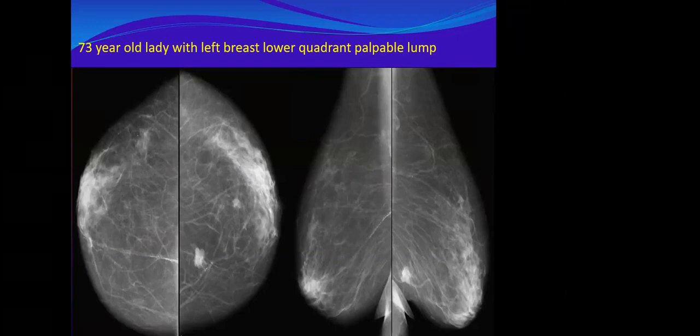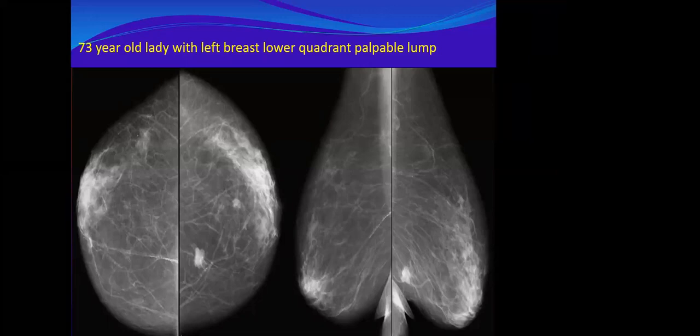At the left breast, the lower inner quadrant, posteriorly, for me there is a mass. Okay, irregular. Excellent, well done. Hyperdense, with lobulated outlines.